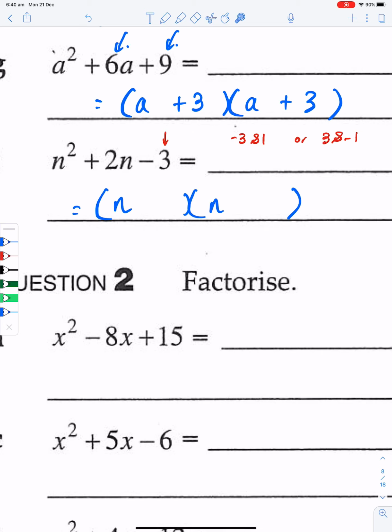Just to recap, 3 times minus 1 is minus 3, and 3 plus minus 1 is 2. In other words, they're our correct numbers. So we're going to put plus 3 and minus 1. The order doesn't matter. I could have rewritten this as the minus 1 first and the plus 3 afterwards. It's not going to make a difference.